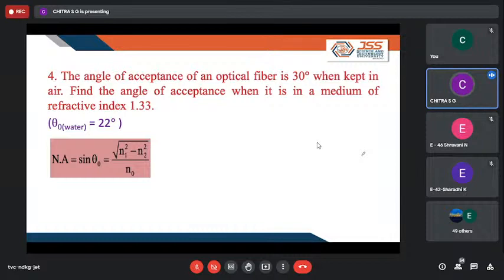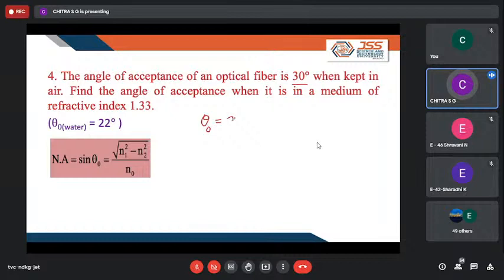Here the angle of acceptance of an optical fiber is 30 degrees, that is theta naught is given. So theta naught is 30 degrees when the fiber is in air.